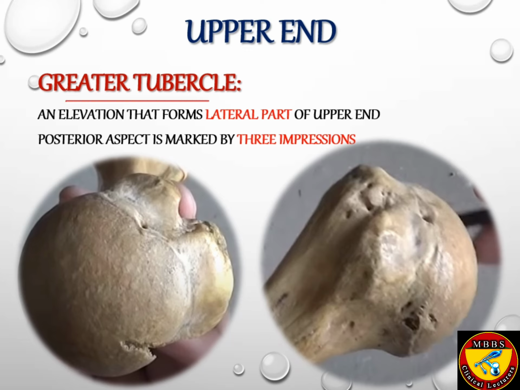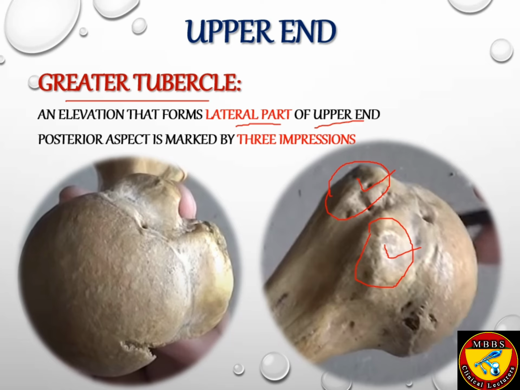Greater tubercle is an elevation that forms the lateral part of the upper end. This is the medial part of the anterior surface and this is the lateral part. The lateral part forms the bony elevation called the greater tubercle, and the elevation on the medial side is called the lesser tubercle.